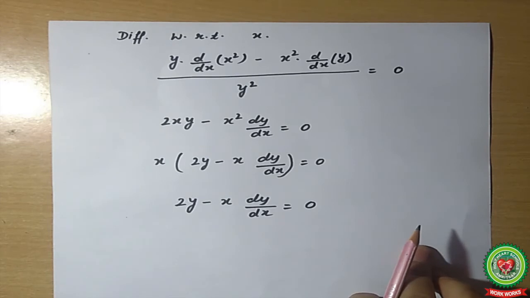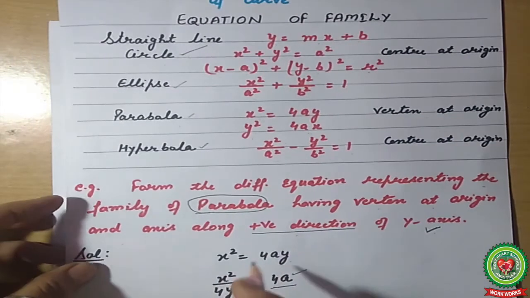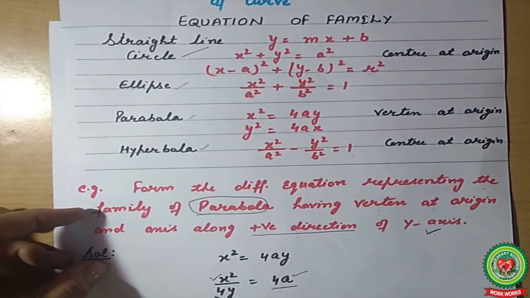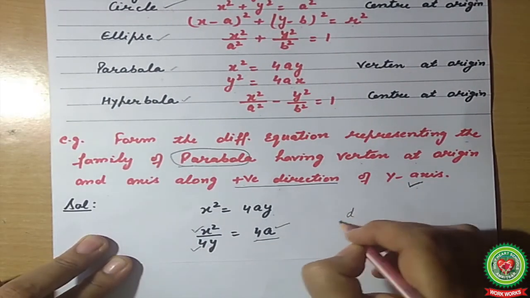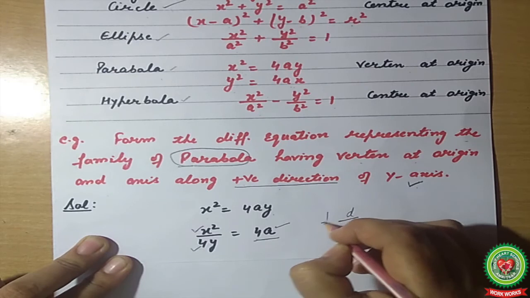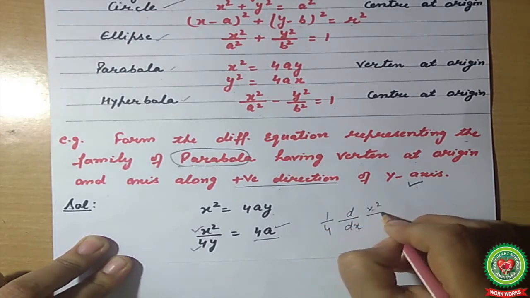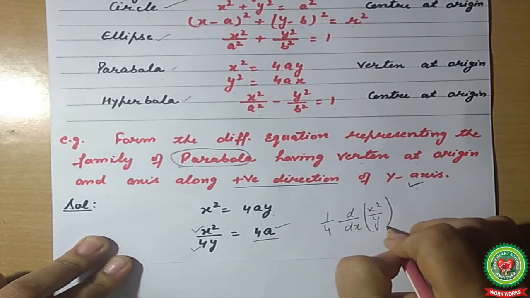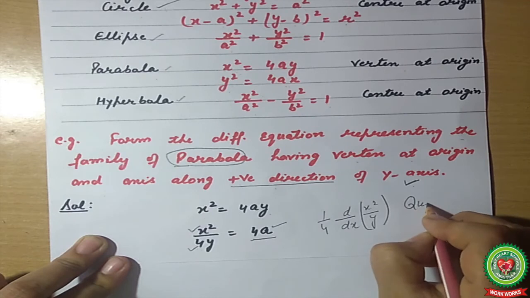Differentiate the equation with respect to x. On the left hand side we are having x square upon 4y, so we can write it as 1 upon 4 times x square upon y. Which formula will we apply? We will apply the quotient rule.